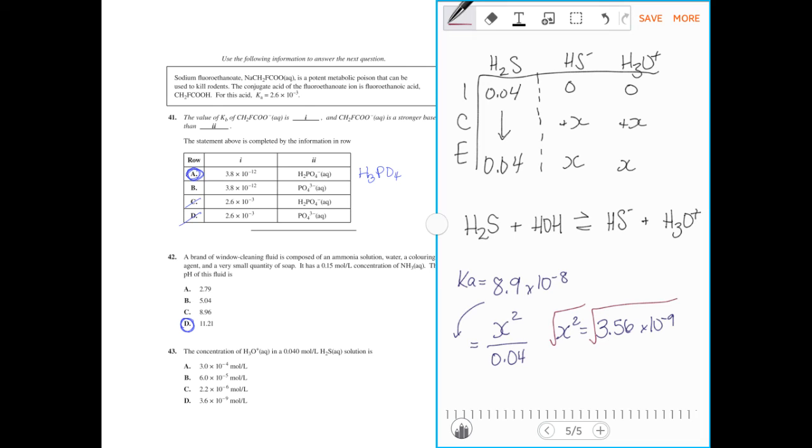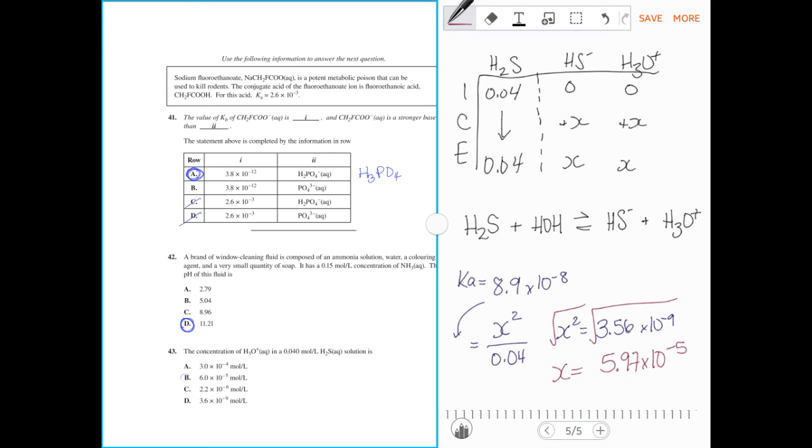When I get my answer for X, which is our hydronium ion concentration, we get 5.97 times 10 to the negative 5. When I round that, I do in fact get answer B here. And when I check my answers, it looks like B is the correct answer.